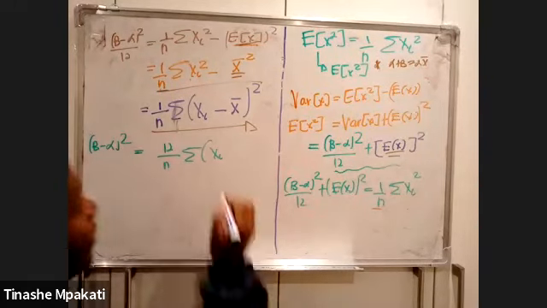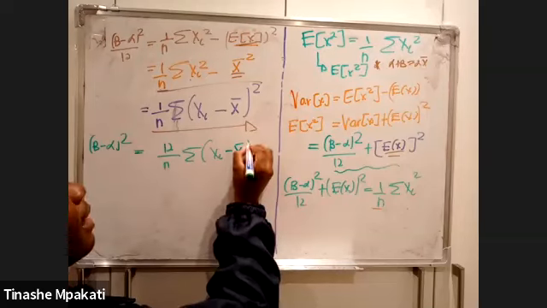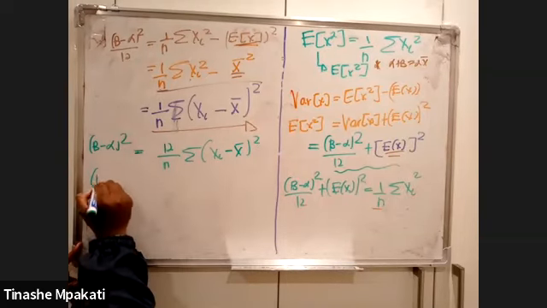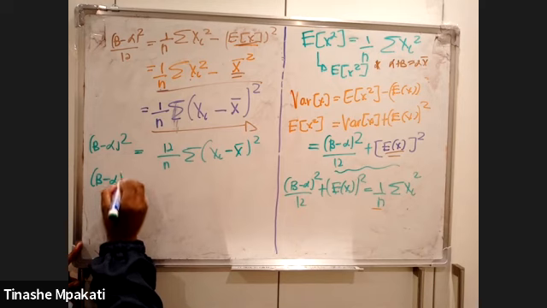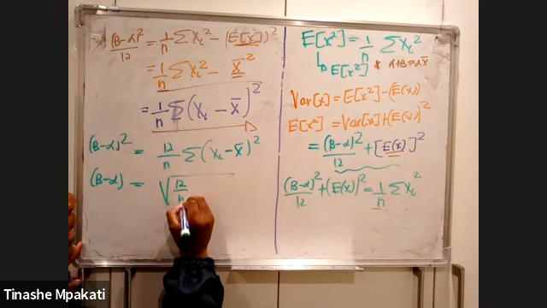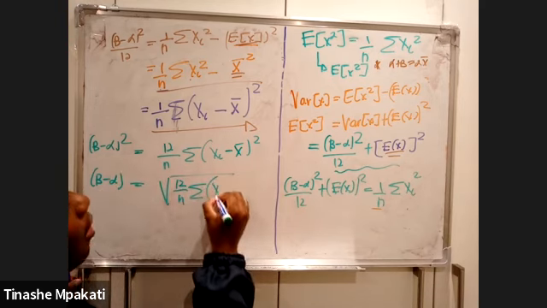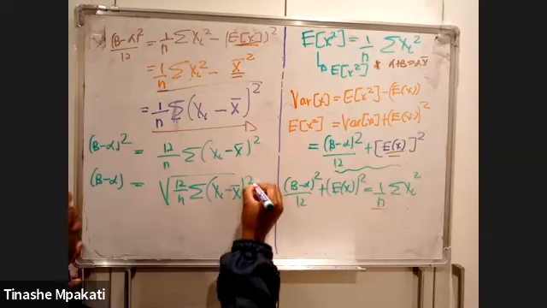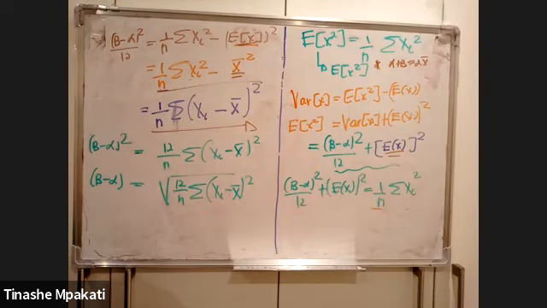Sorry about that. Therefore, our beta minus alpha is simply equal to the square root of 12 over n, and we have our summation here of xi minus x bar all squared, like that. So yeah, that's quite important. And now we have 2 equations, right?